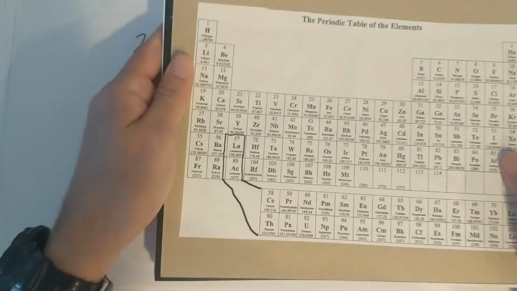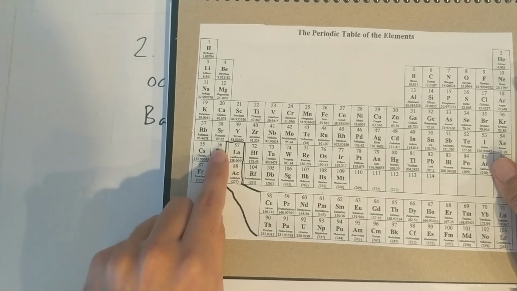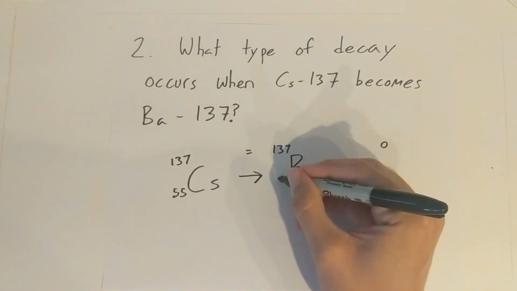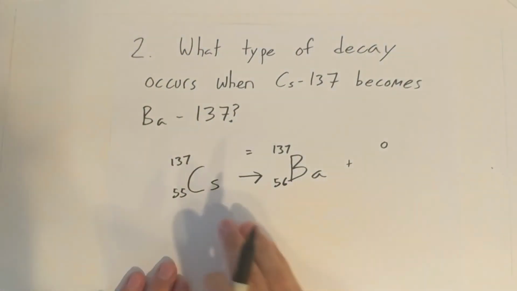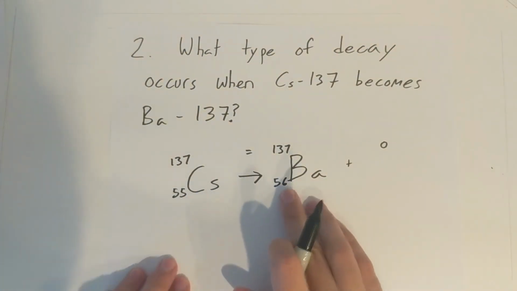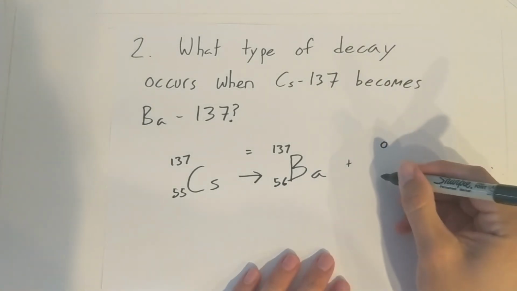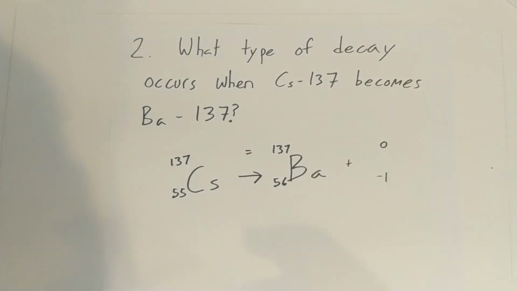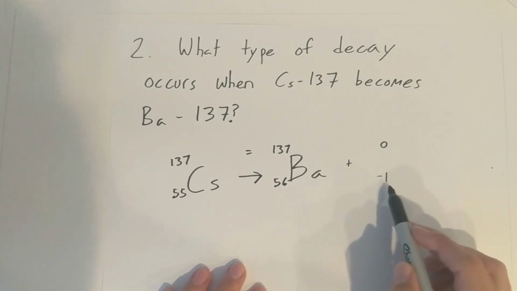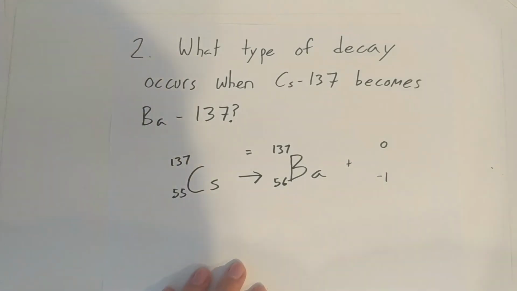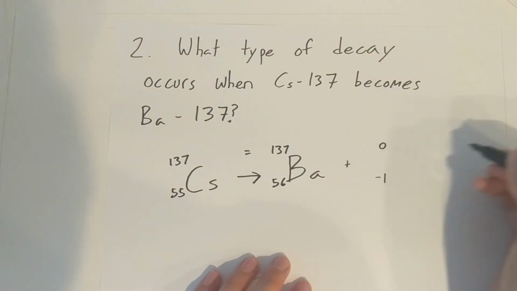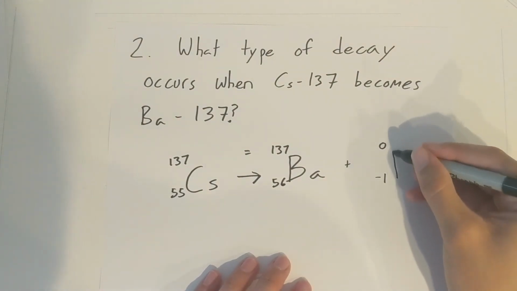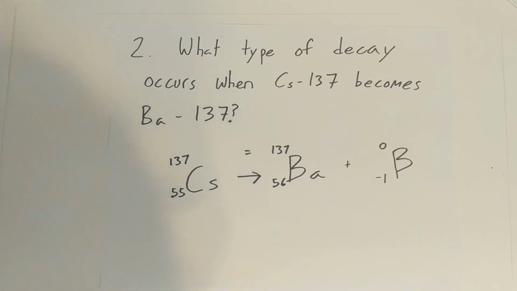And barium, right next to cesium, has an atomic number of 56. So our protons in our nucleus are going from 55 to 56, meaning that we need to have a negative charge getting shot out in the form of a beta particle.